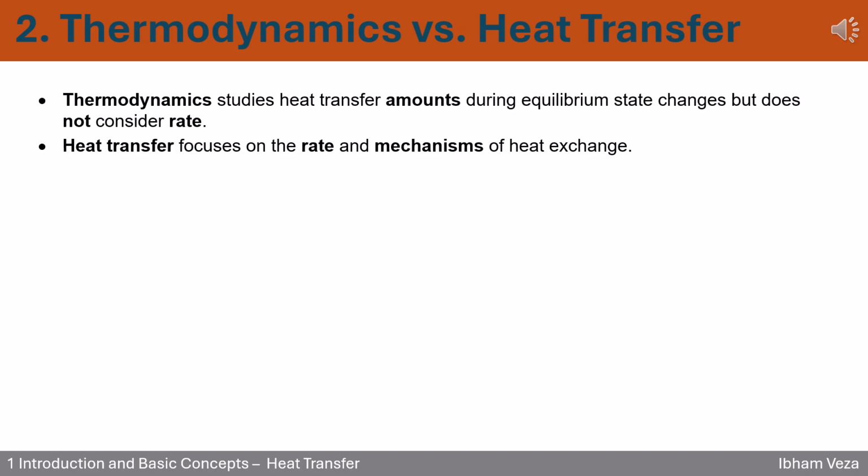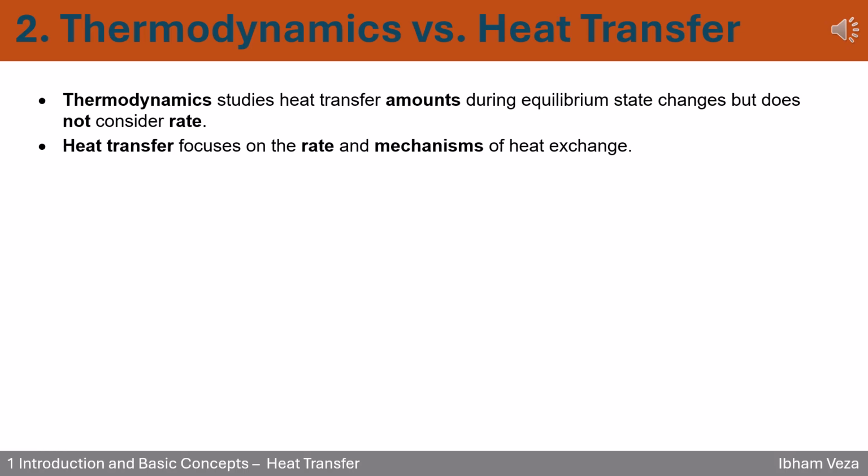2. Distinguish thermodynamics from heat transfer. Let's clarify a common confusion. Thermodynamics and heat transfer may seem similar, but they focus on very different aspects. Thermodynamics helps you calculate how much heat is transferred during state changes, but it ignores how fast the transfer happens. It's all about quantities in equilibrium.